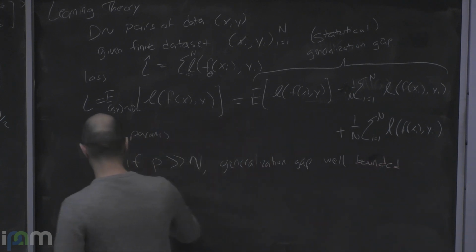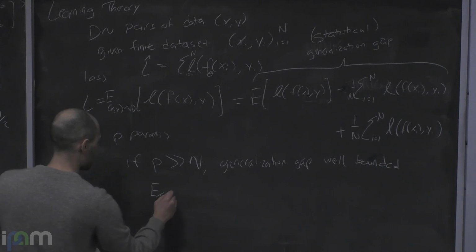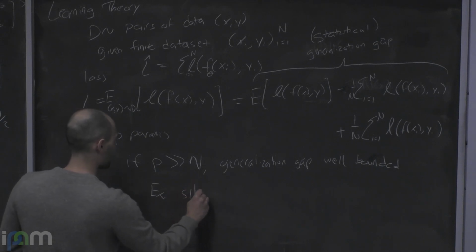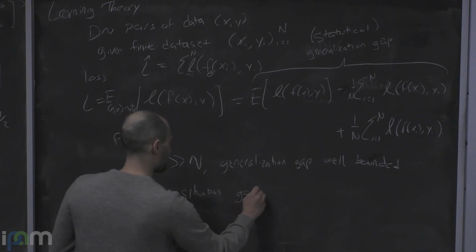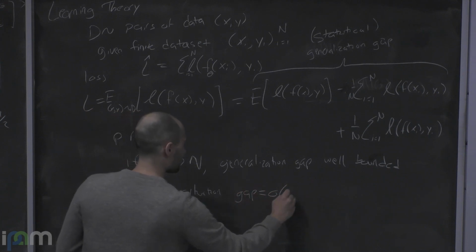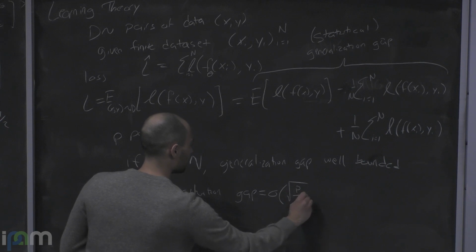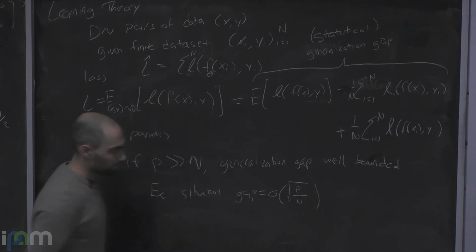So in the exercises, you'll see a situation where the gap is of order square root of p over n.